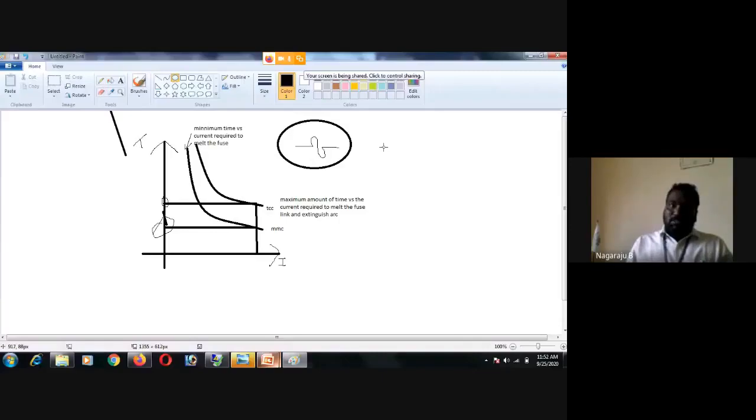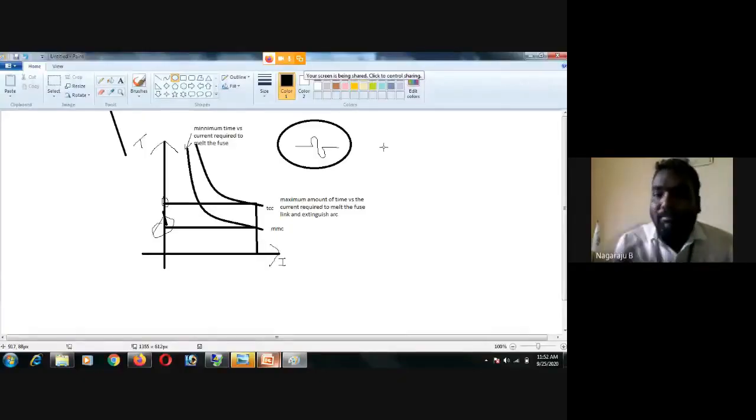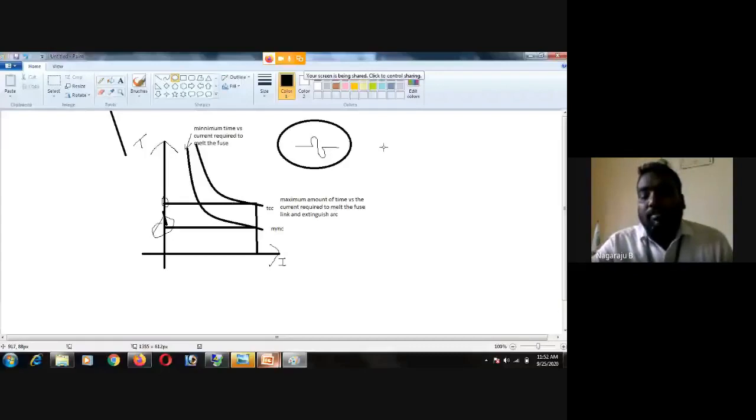These power fuses are also called expulsion type cutouts. Why expulsion? Because it gives off some amount of gases, especially used in underground distribution systems.